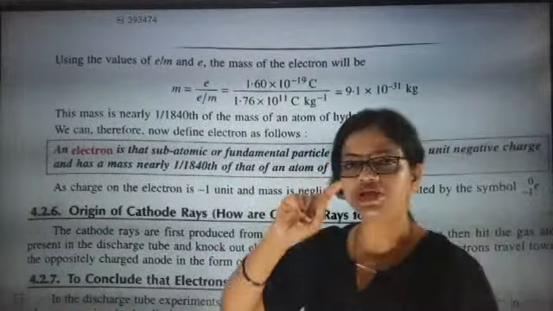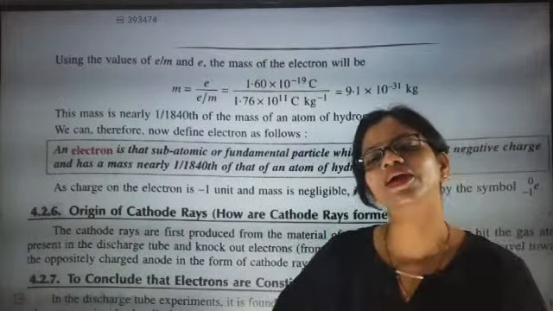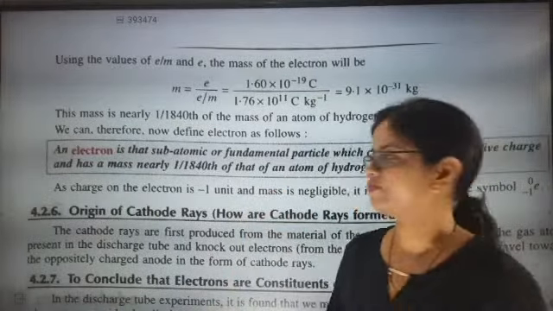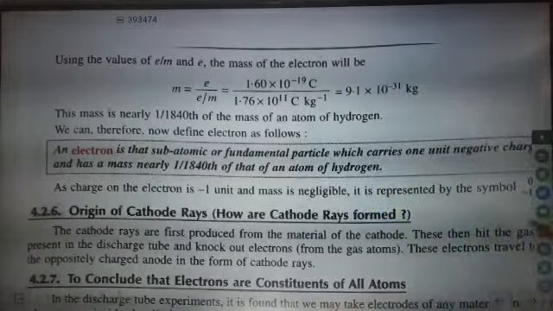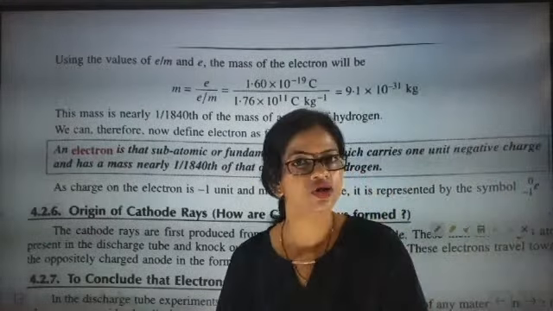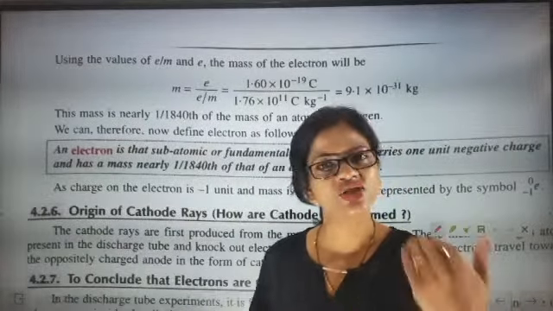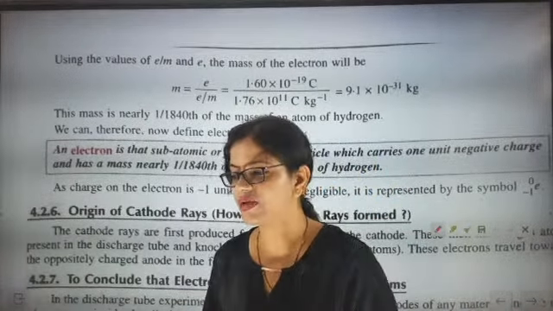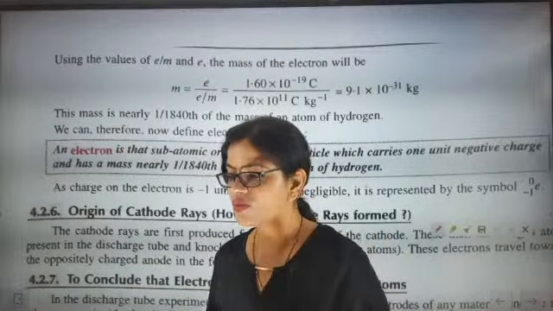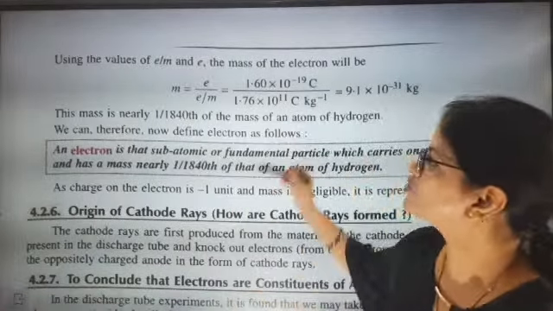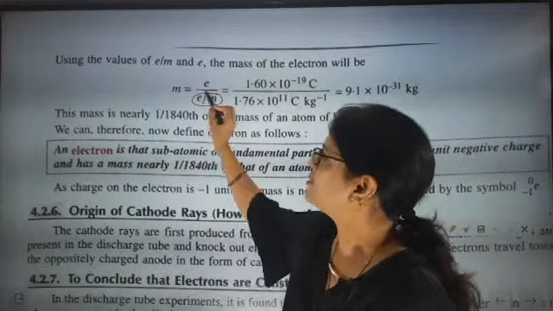Now we are going to see another important point, how to get the mass of electron. So now we have two conclusions. One is J.J. Thompson experiment, where we saw charge by mass, e by m.